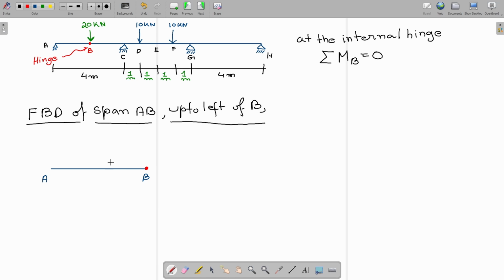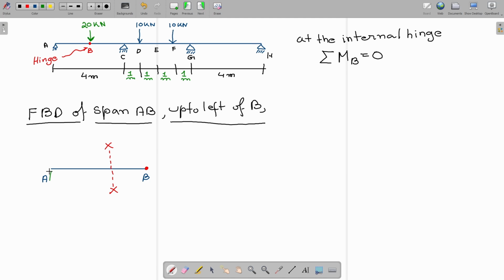Now we have considered up to the left of B. So we are going to take the section here. This is the section we are concerned with. Now what are the reactions here?